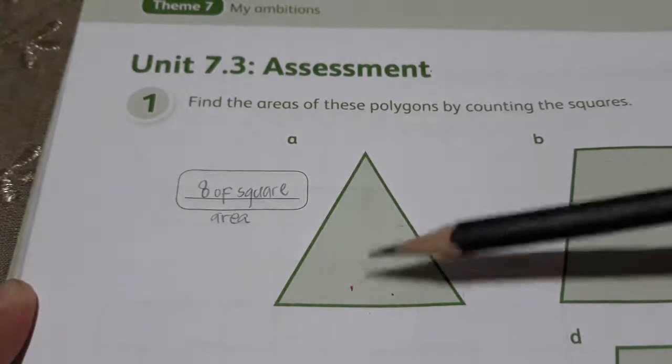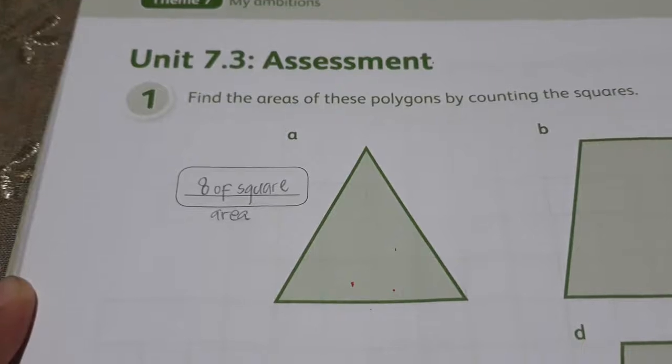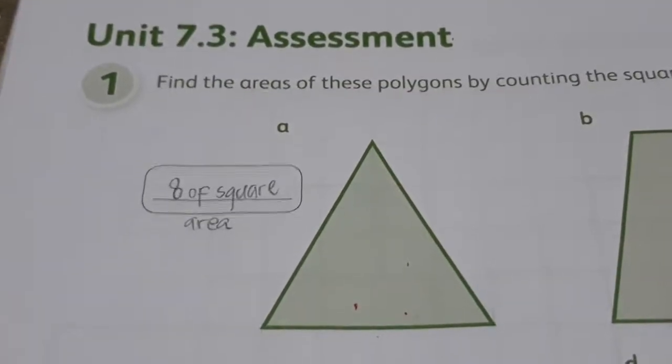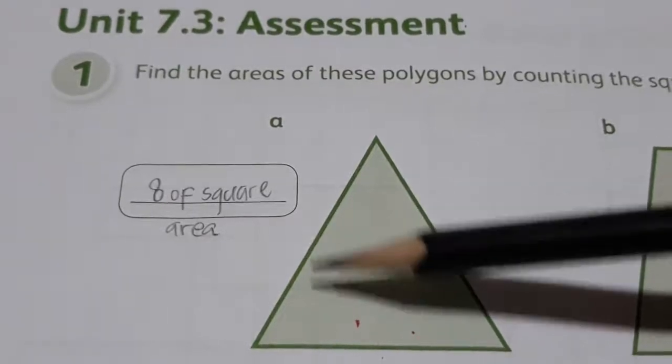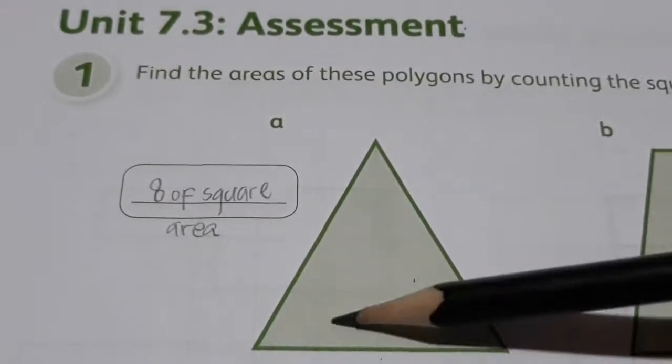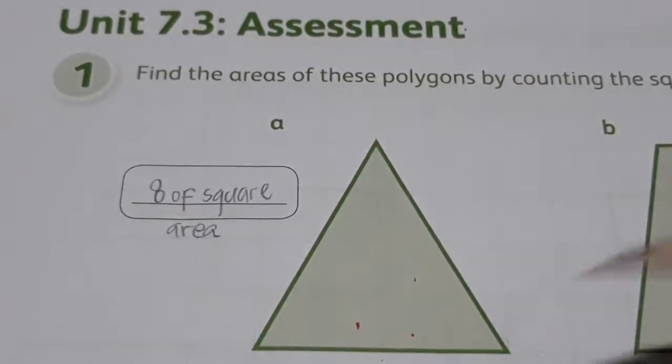But in this triangle, it's not full. You can see, I will zoom in for you. Only 4 of the squares are full and complete. 1, 2, 3, 4. And the others are not full at all.